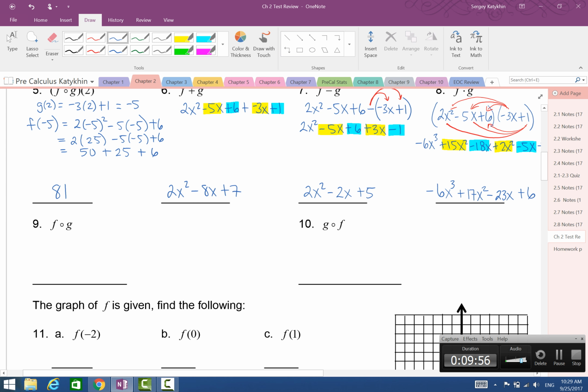So we get the following: remember our f of x is 2 times x squared, which means we're going to replace x with negative 3x plus 1, and we're going to square it. Then we have minus 5, again replace x with negative 3x plus 1, and then plus 6.